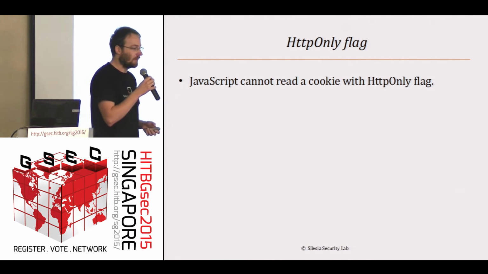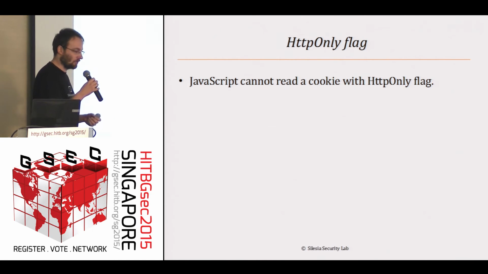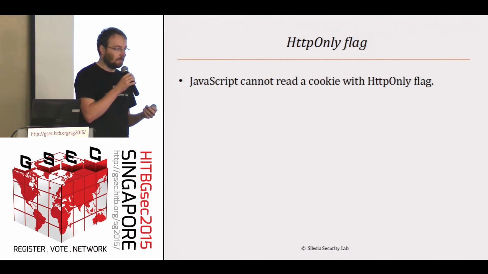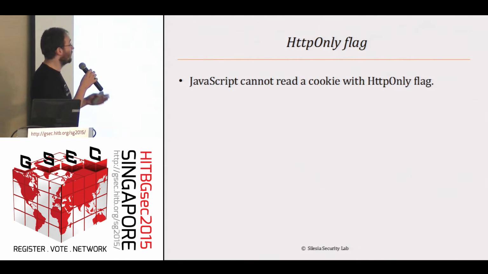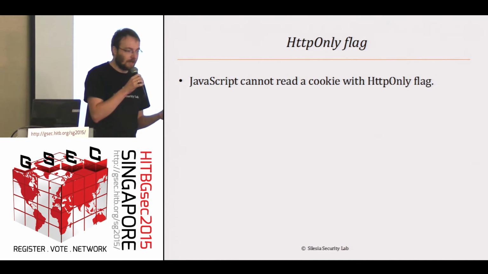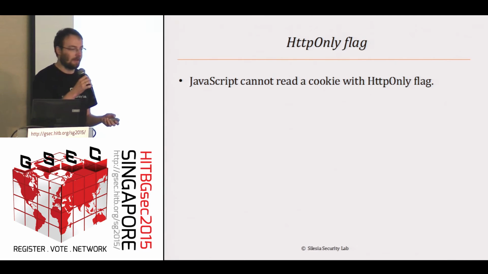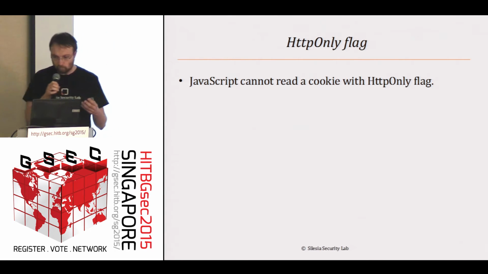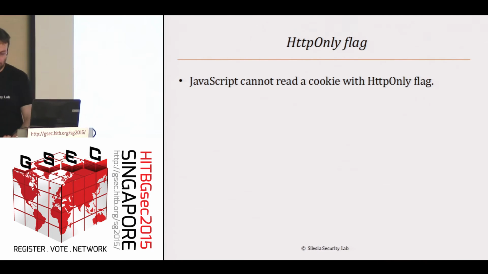The game is over. That's why the HTTP-only flag was introduced in the past, so that when an XSS attack occurs, JavaScript cannot read a cookie with the HTTP-only flag. In general, non-HTTP APIs cannot read a cookie with the HTTP-only flag. That's the reason for introducing this.